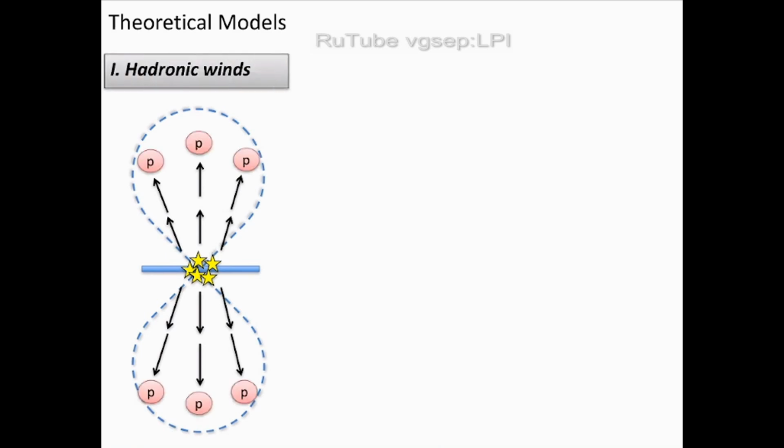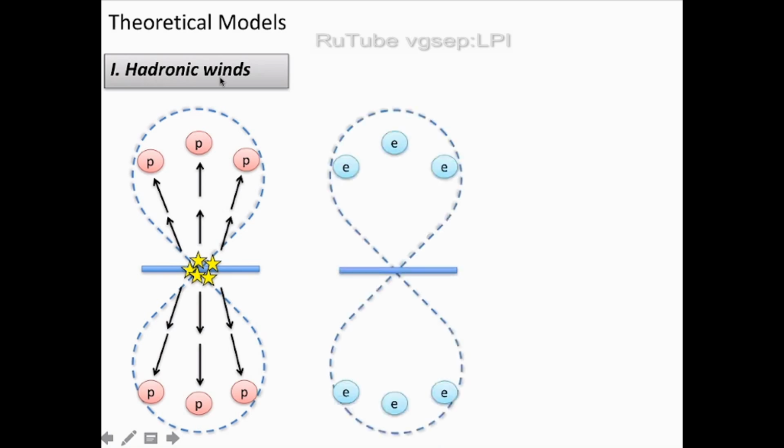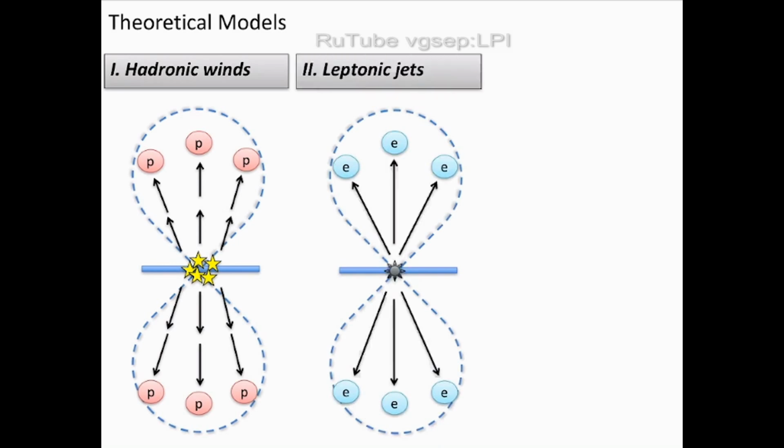Otherwise, the cosmic electrons would have cooled. So that is the first type of models, called hadronic wind models. And if instead you want to consider a leptonic model, then AGN jets with 10,000 kilometers per second velocities are required to transport these cosmic ray electrons fast enough to large distances before they cool. So that's the second type of model, called leptonic jet model.